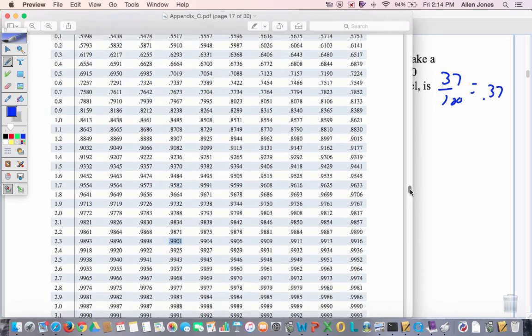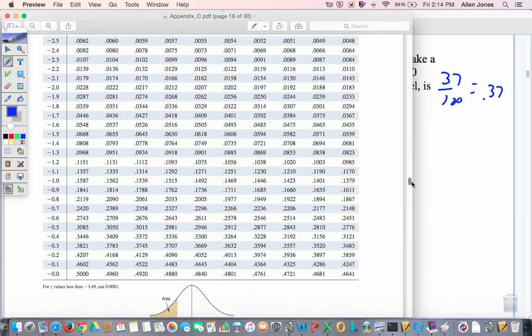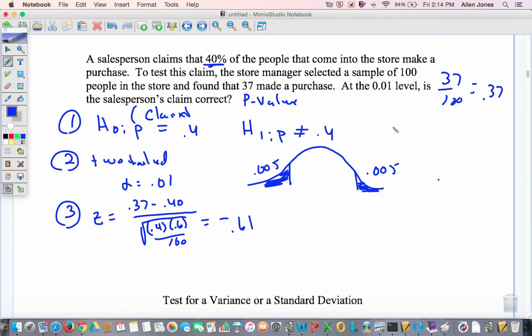So here's where the p-value changes things. We go to our table and look up negative 0.61. Negative 0.61 is 0.2709. Okay, since that's a left side score, that 0.2709 is the area to the left of here. So to get our p-value, I have a two-tailed test, I have to double that, so my p-value is actually 0.5418.